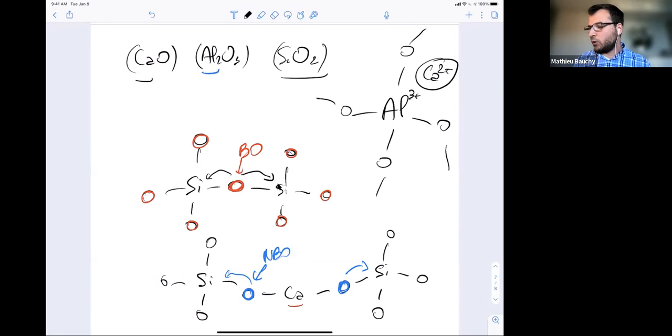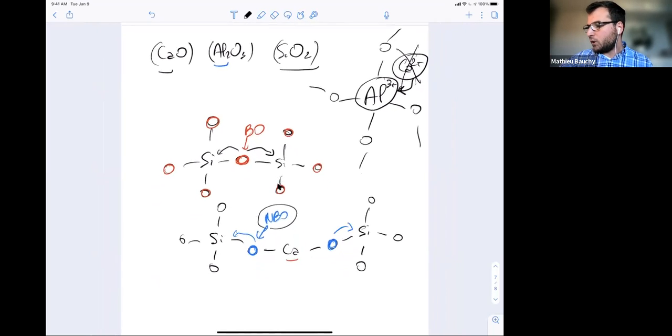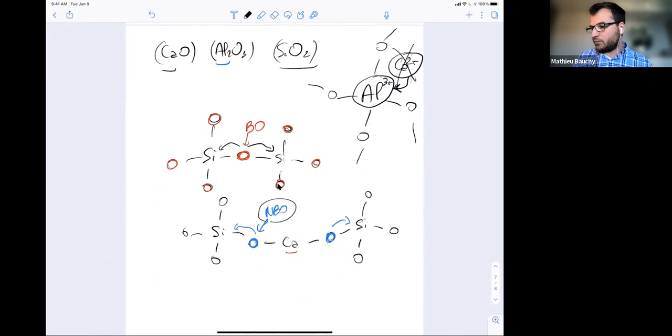I'm not going to go into too much detail about this because I don't want to spend too much time on glass chemistry, but the idea is that every time you add an aluminum, it's going to use the calcium to compensate its charge. And then it means that the calcium is not used to create non-bridging oxygen anymore. So a useful feature that can be defined is that you can use the following rule.